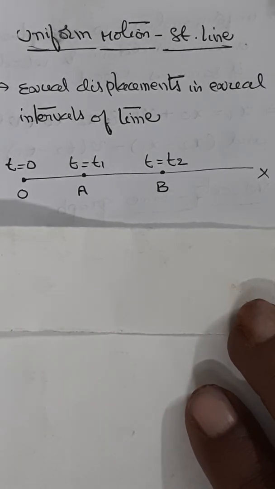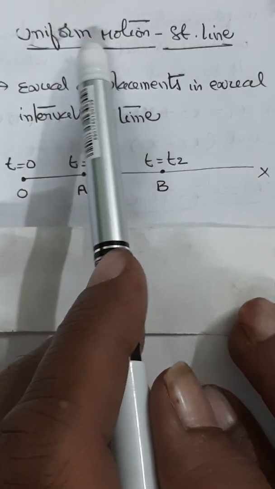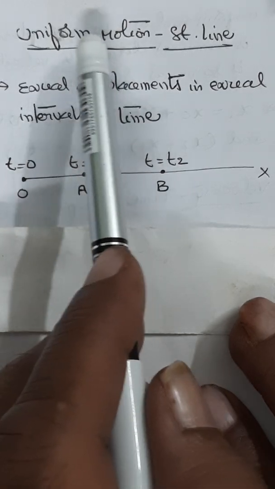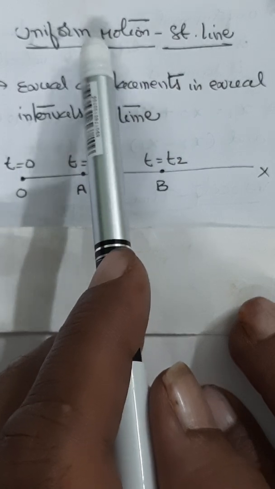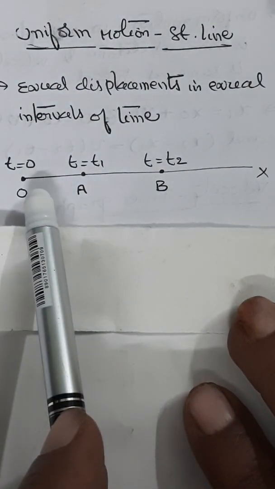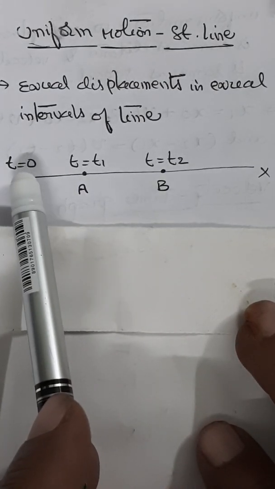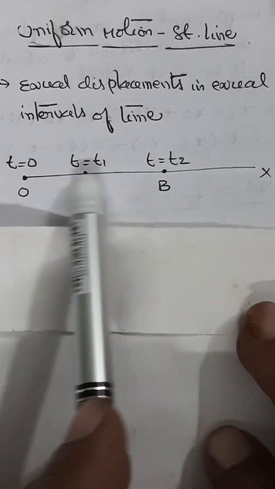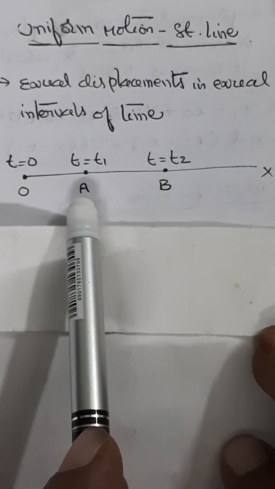Now let us understand uniform motion in a straight line. An object is said to be in a uniform motion if it undergoes equal displacements in equal intervals of time, however small these intervals may be. That is the definition. For example, let us consider an object in uniform motion along a straight line OX with a velocity vector v.